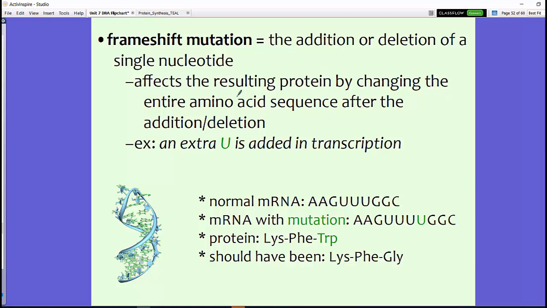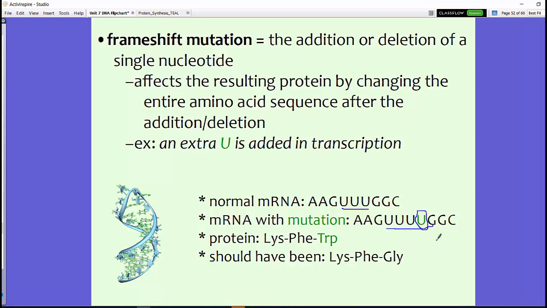So let's say, for example, here we have an extra U. So a U, a uracil, has been added in transcription. It just sort of implants itself. So we have this RNA sequence here, AAG, UUU, GGC. Now we've added a mutation, which is this extra U. So instead of having 3 U's, now we have 4.